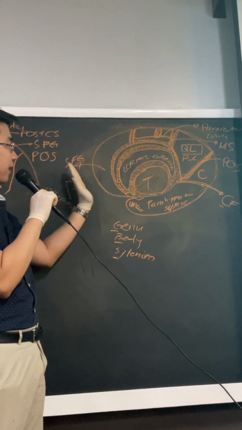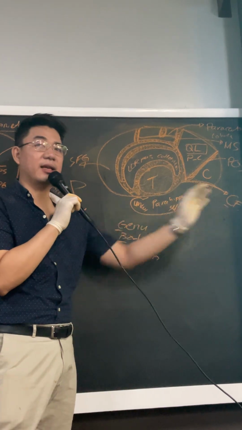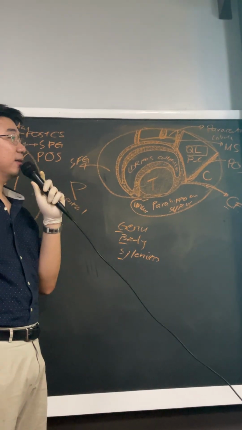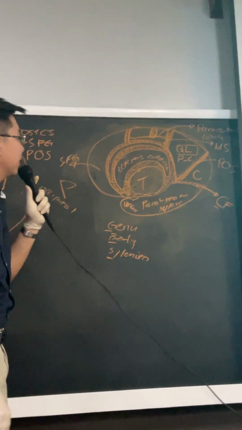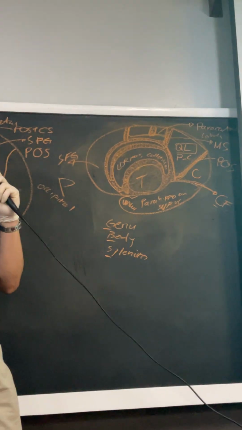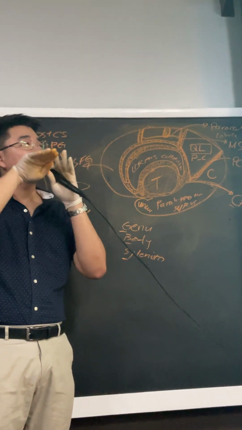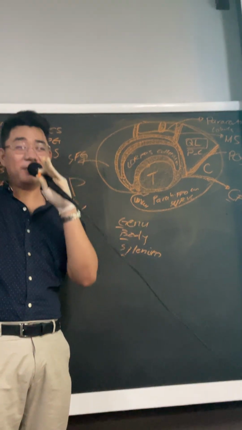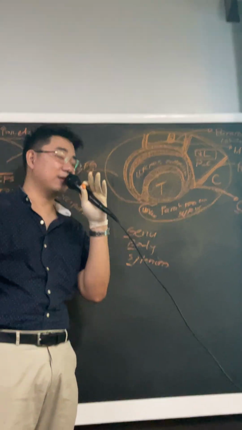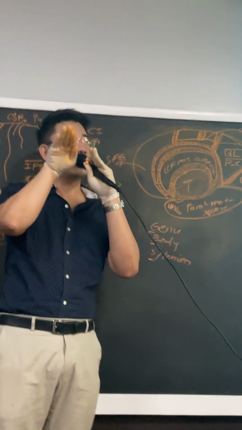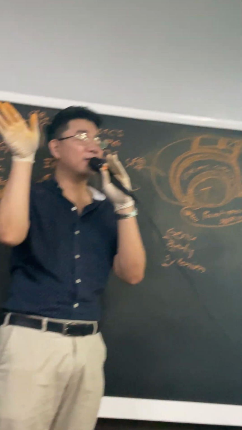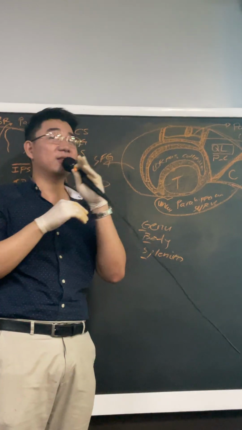Once again, this is the anterior side, this is the posterior side. So let's go above the corpus callosum. Remember, the corpus callosum is a commissure type of fiber which connects one hemisphere to the other hemisphere.